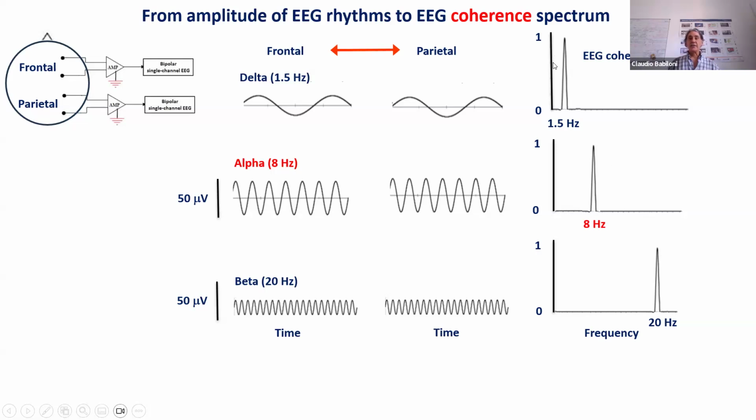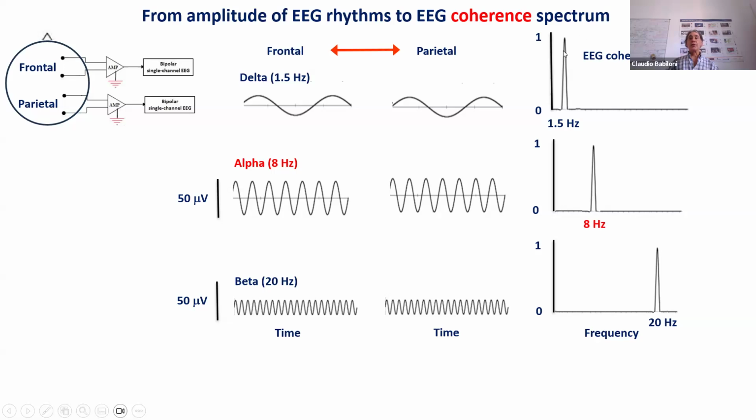So you see that the technique of spectral analysis of coherence between two EEG activities from a pair of recording channels allows you to estimate the interdependence and model a possible functional connectivity between the cortical areas generating frontal EEG, and the cortical areas generating the parietal EEG activity.